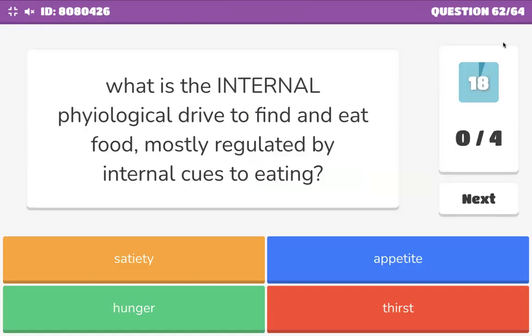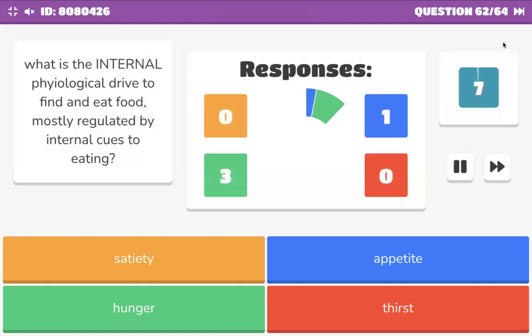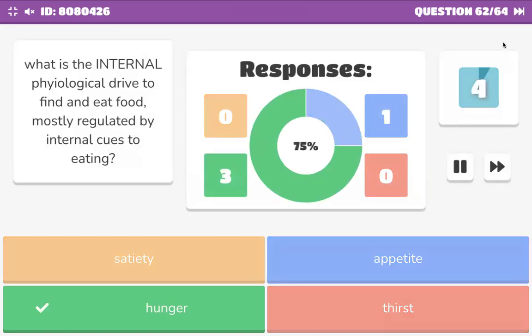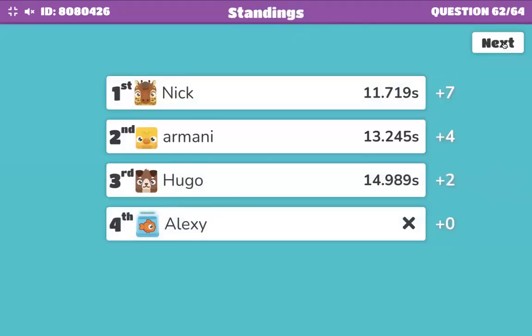What is the internal physiological drive to find and eat food, mostly regulated by internal cues to eating? It's hunger. Appetite is the external drive, while hunger is the internal drive.